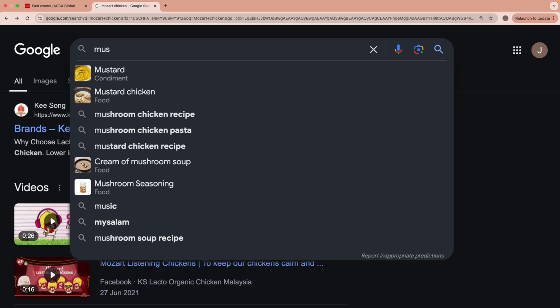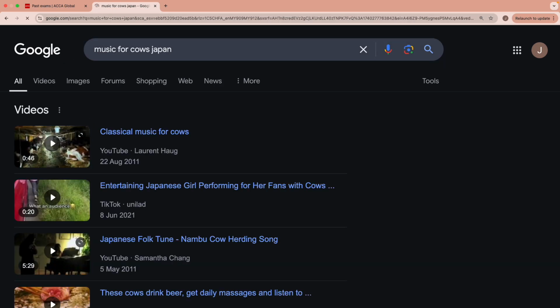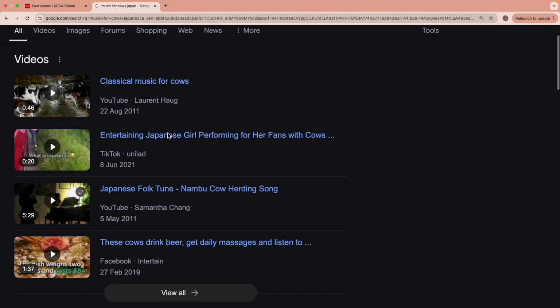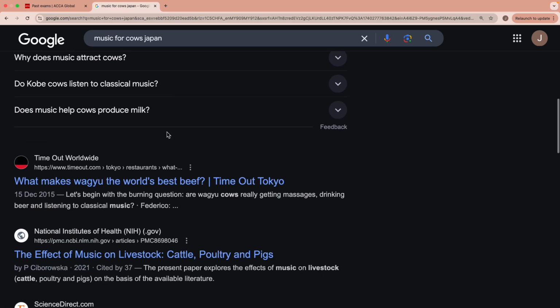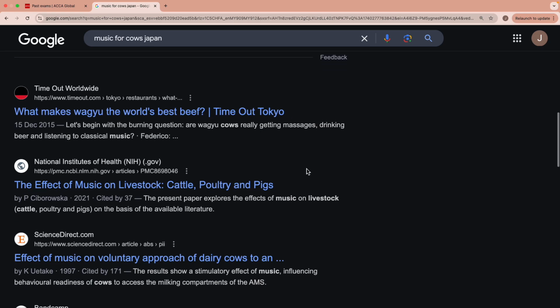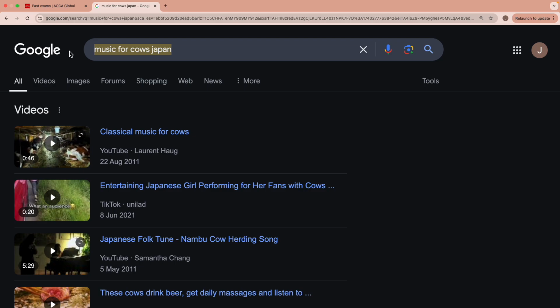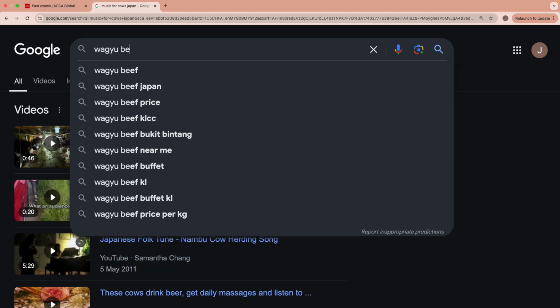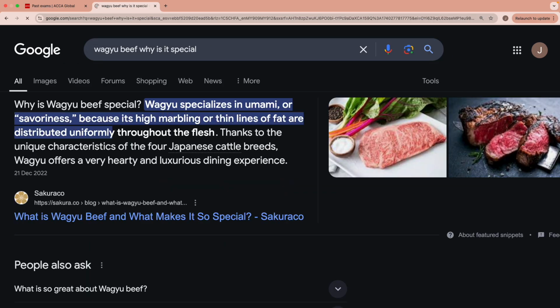Yes, classical music for cows, maybe. Like they want Wagyu beef. Why is it the best? Okay, now I have to check the Wagyu beef. Okay, we see why it is special.